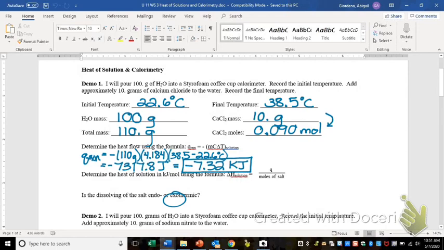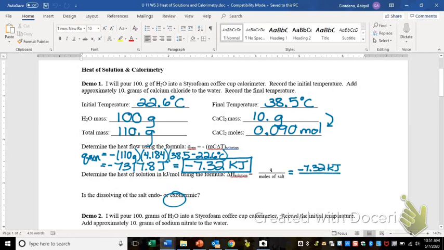All right. This one in the middle here where it says determine the heat of solution in kilojoules per mole, that's only because that is typically the units. That's typically the way that heats of solution are expressed, in units of kilojoules per mole of the thing dissolving. Okay, so negative 7.32 kilojoules.